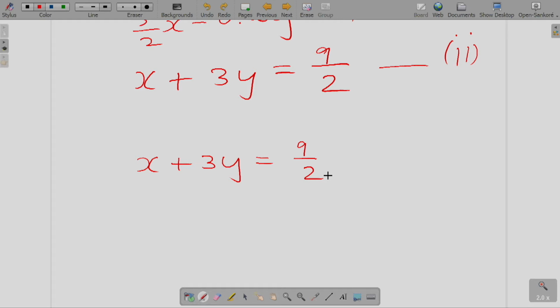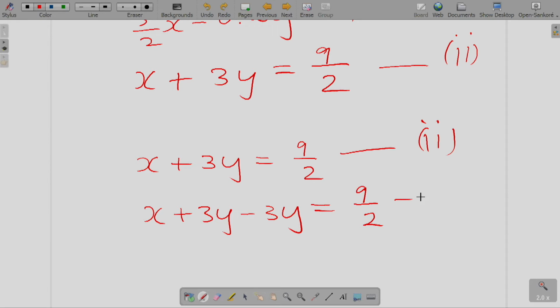Let's subtract both sides by 3y. So we'll have x plus 3y minus 3y equal to 9 over 2 minus 3y.